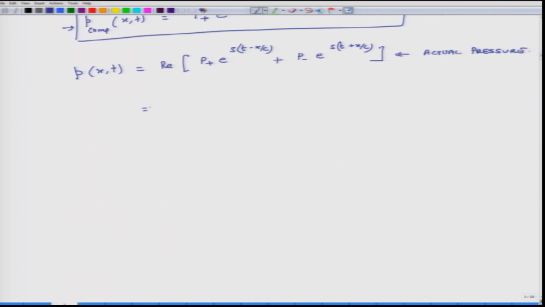And I can further rearrange this thing as real of p plus e to the power of minus s x over c plus p minus e to the power of s x over c. I can put it in parenthesis and I can take e to the power of s t out. So, this is another way to organize our results.